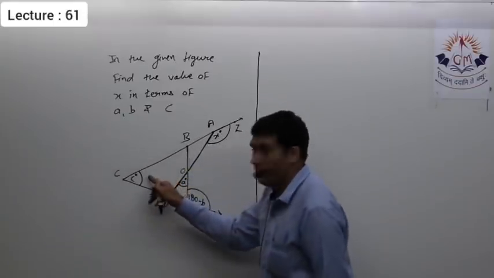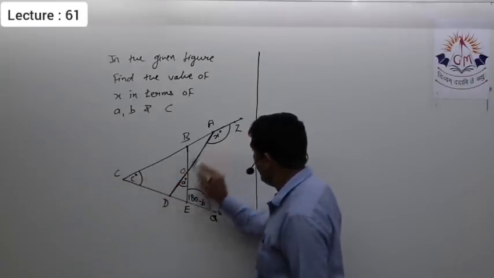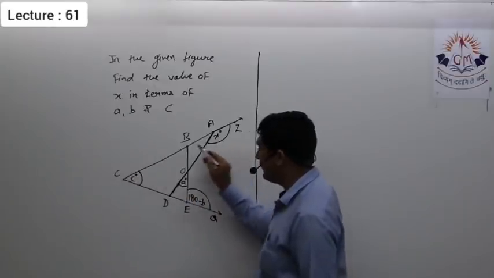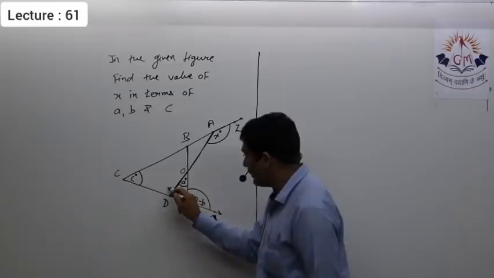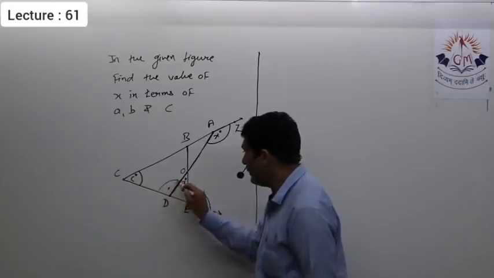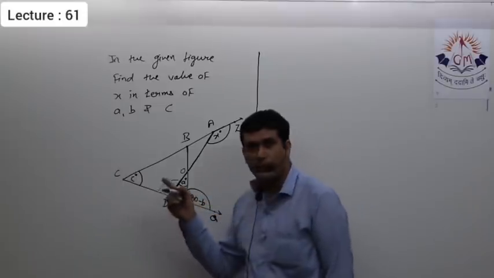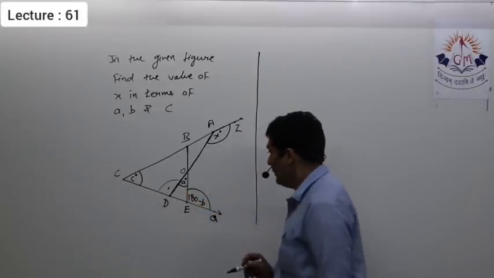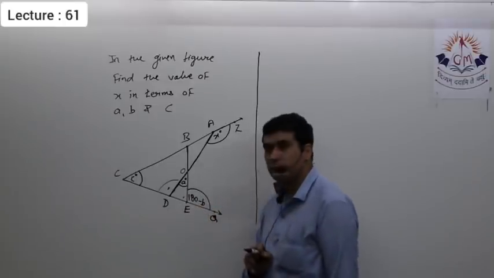See, this angle is c, it is given directly. Now for triangle CAD, x is an exterior angle, so x should be equal to c plus this angle. So if I am able to find this angle, then I can apply the exterior angle property. Now this is 180 minus b, so I will be able to get this angle.